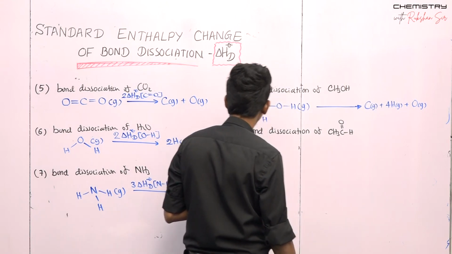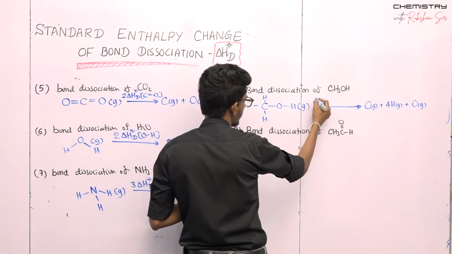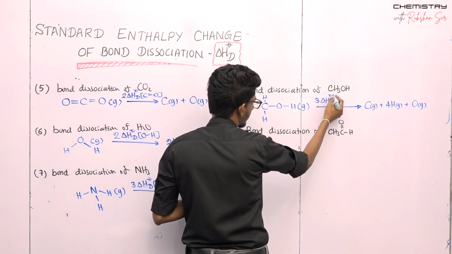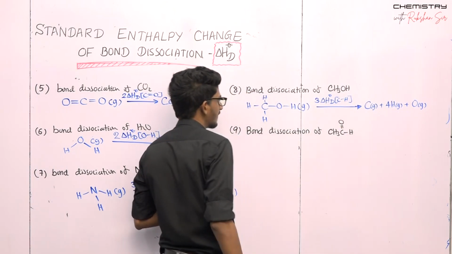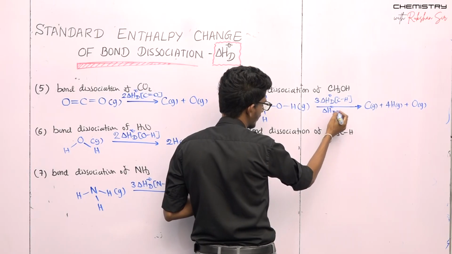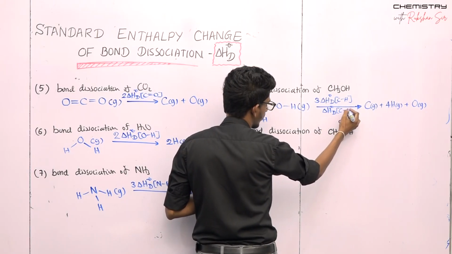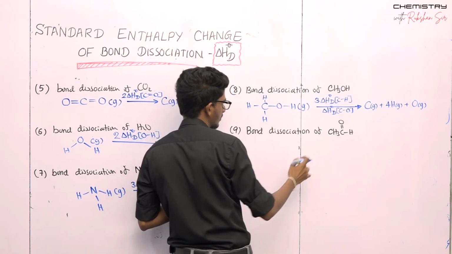So what are the bonds to be broken, right? You need to break 1, 2, 3, 3 CH bonds. So 3 times the bond dissociation enthalpy of CH bonds, and 1 CO bond. So you need to apply the dissociation enthalpy of the CO bond, and 1 OH bond as well to be broken, right?